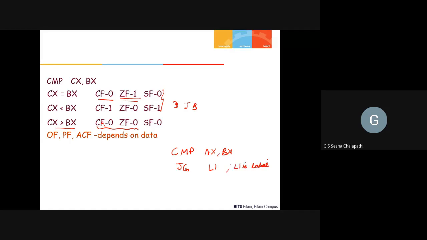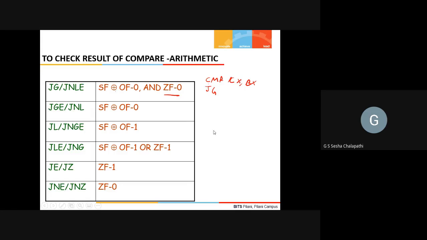Now it will compare AX and BX, and it will jump to location L1 if the following happens: the XOR of the sign flag and the overflow flag is 0, and the zero flag is 0. So how does it happen?